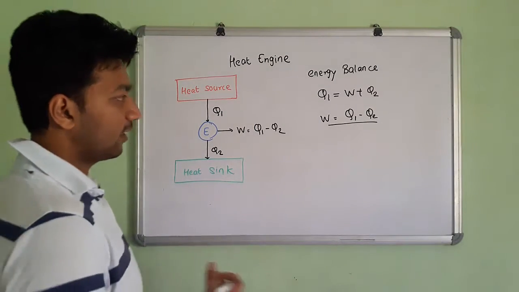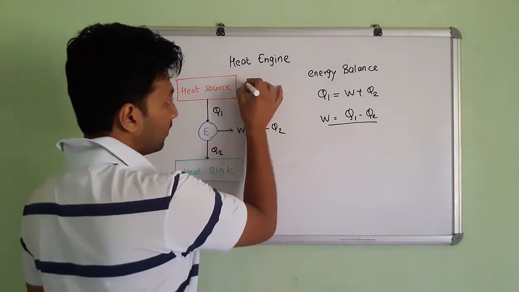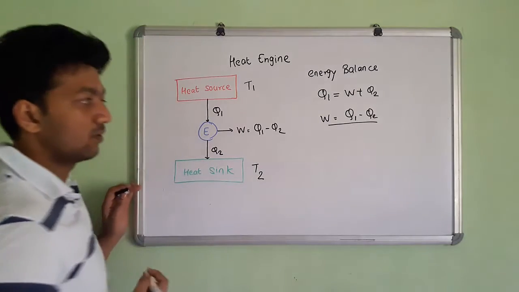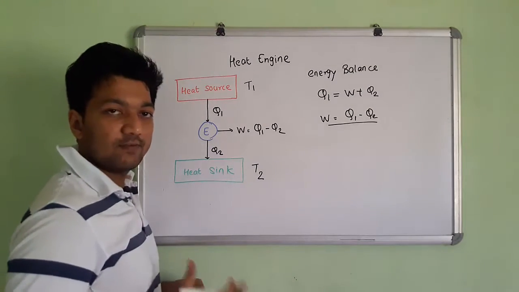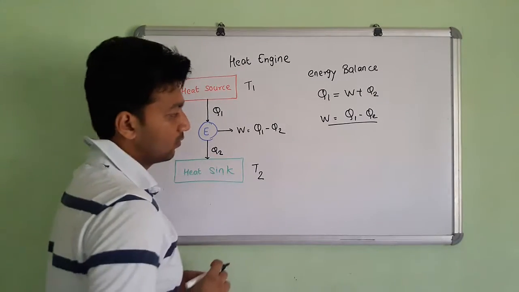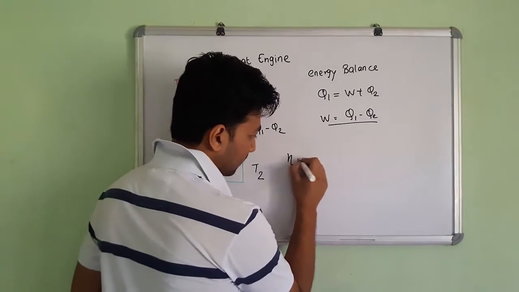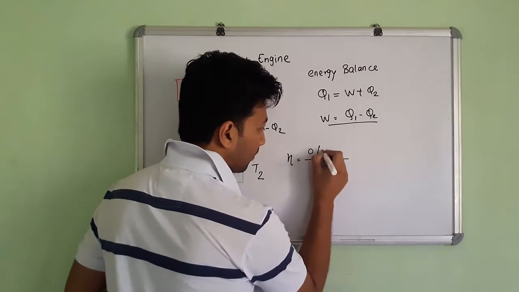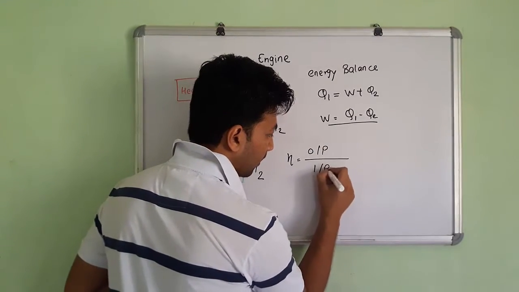To find the efficiency of this engine, we have the temperature T1 and this is at temperature T2. So we find the efficiency in terms of temperature and in terms of heat. Efficiency formula will be output upon input.